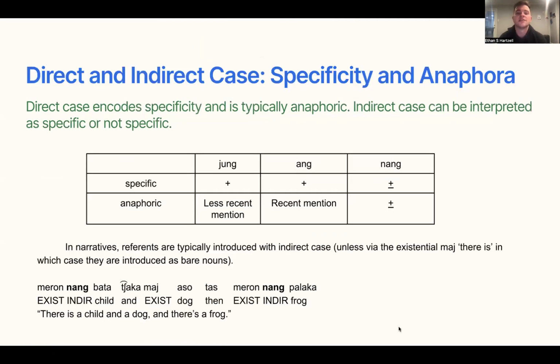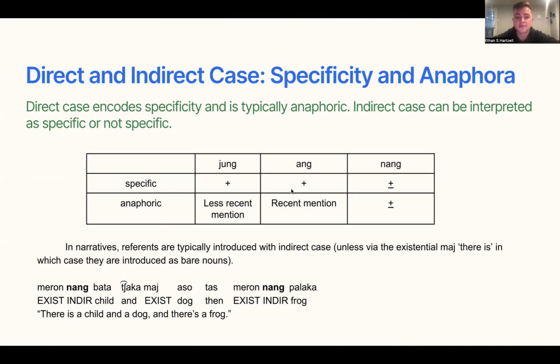So then I tried to look into how these correspond to things like specificity and anaphora by looking at how referents were marked when they were first mentioned and on subsequent mentions in the two texts we collected, the frog story and the bingo story. So basically, this is a summary of the theory I've made based on that.